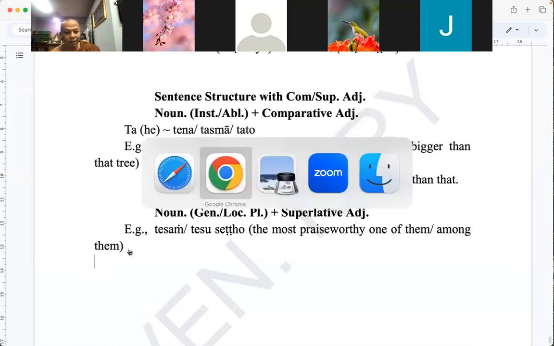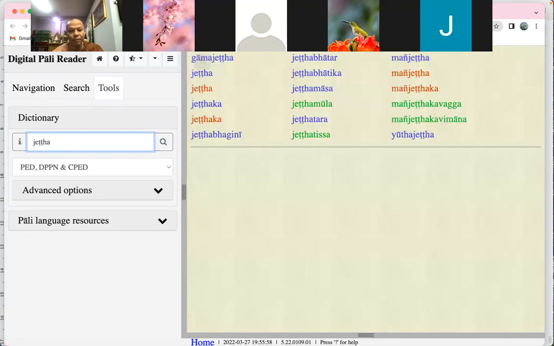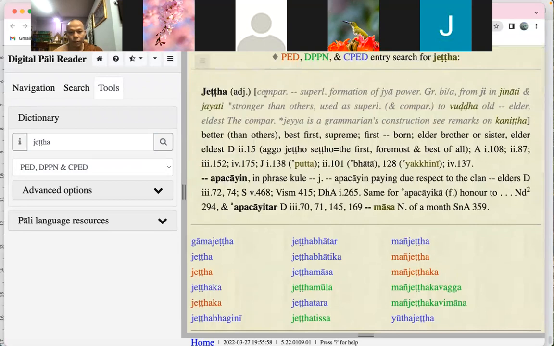In the dictionary, for 'eldest' I found jettha-tama, but in the Pali Made Easy it is the other way around, jettha-tara. Jettha is the comparative or superlative adjective of Jaya, the older or elder.